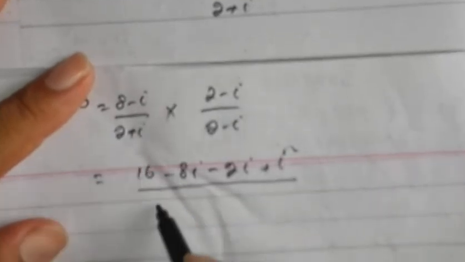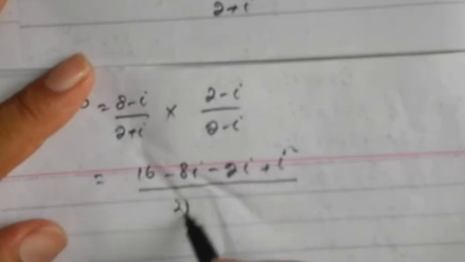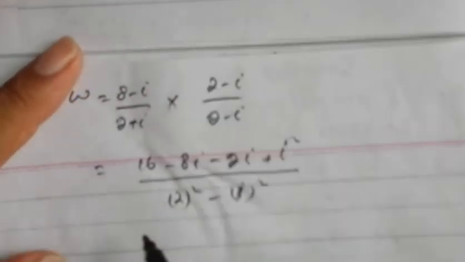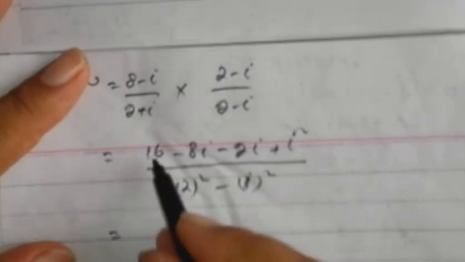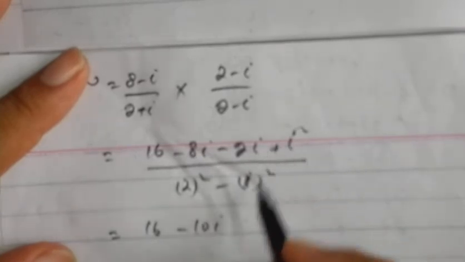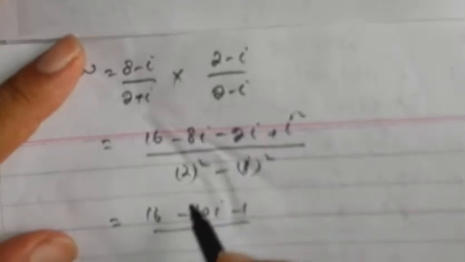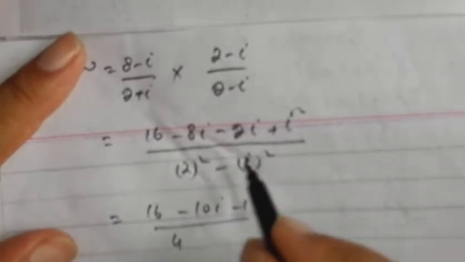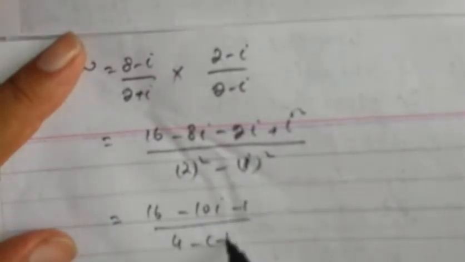In the denominator this is a plus b, a minus b form, so 2 square minus iota square. Here we get 16 minus 8 minus 2 minus 10 iota, and iota square value is minus 1, and in the denominator we get 4, iota square value is minus 1, so minus minus 1.